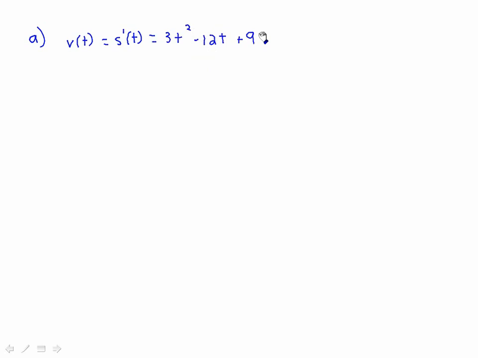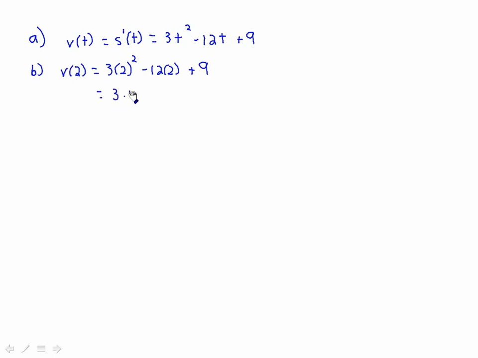So that represents the velocity at any time t. And that makes B much easier because we want to get the velocity at t is equal to 2. So v at 2 is equal to 3 times 2 squared minus 12 times 2 plus 9. So work this one through.